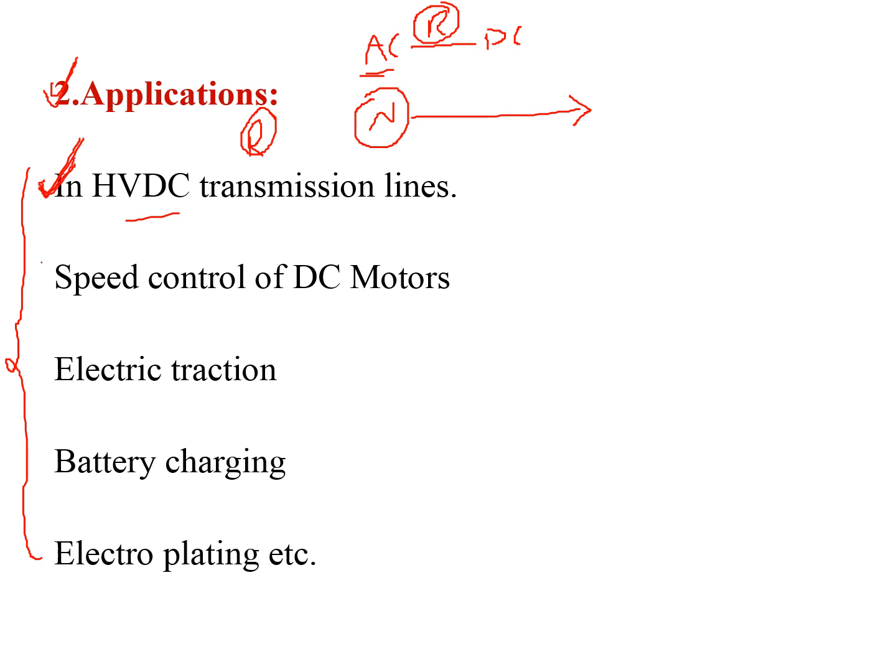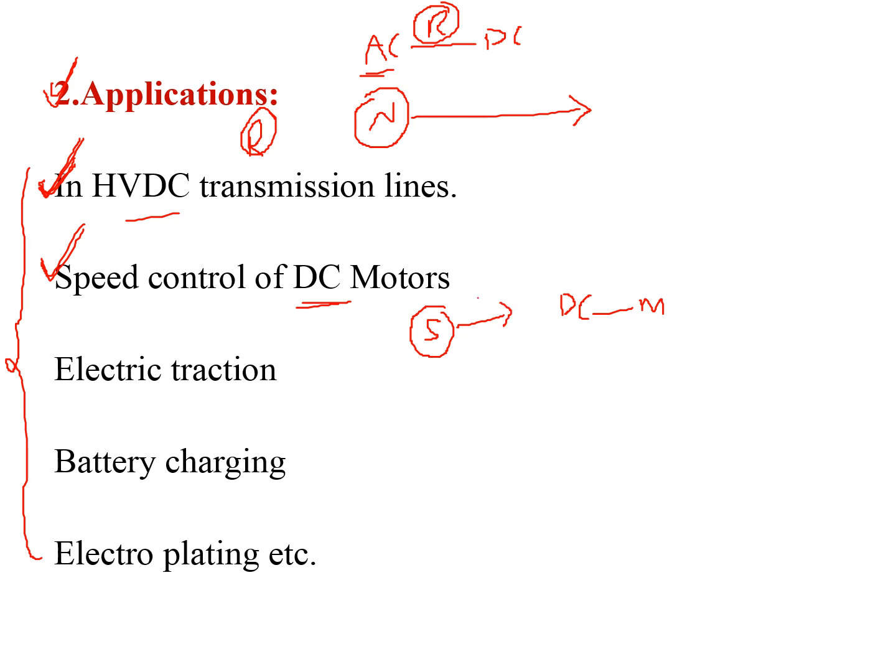Coming to the second one, that is speed control of DC motors. DC motors require DC input, but the supply is AC. So first we have to convert this AC voltage to DC voltage.